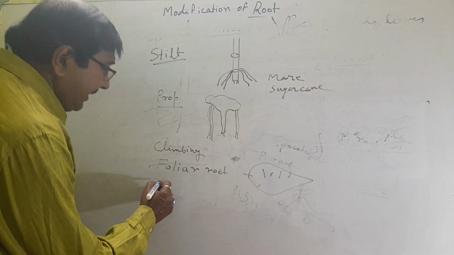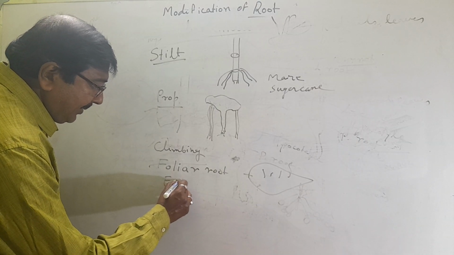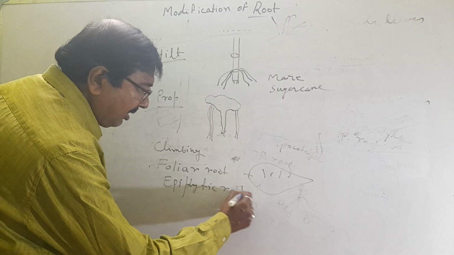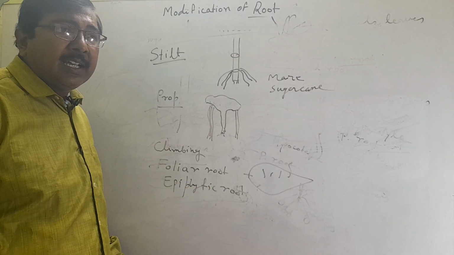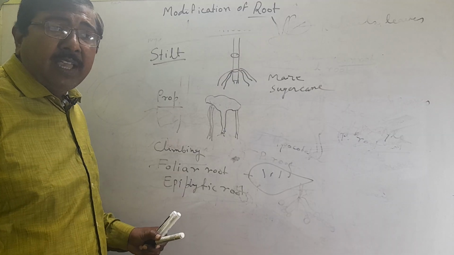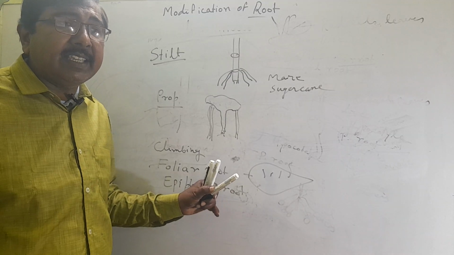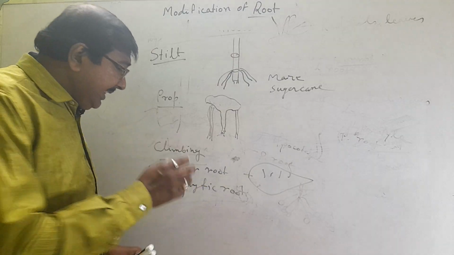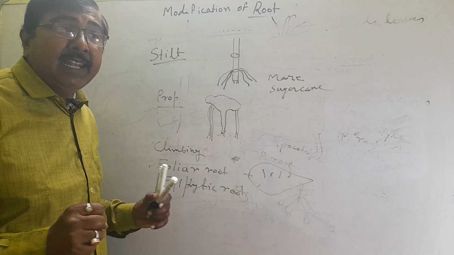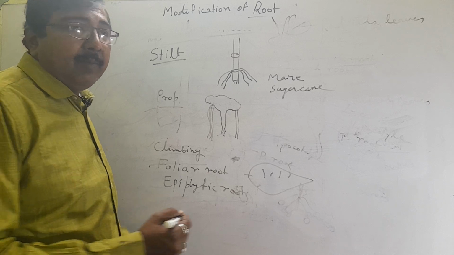Then epiphytic root. What are epiphytic roots? These are aerial, hanging roots, freely present in the air. This type of root contains a special tissue called velamen.